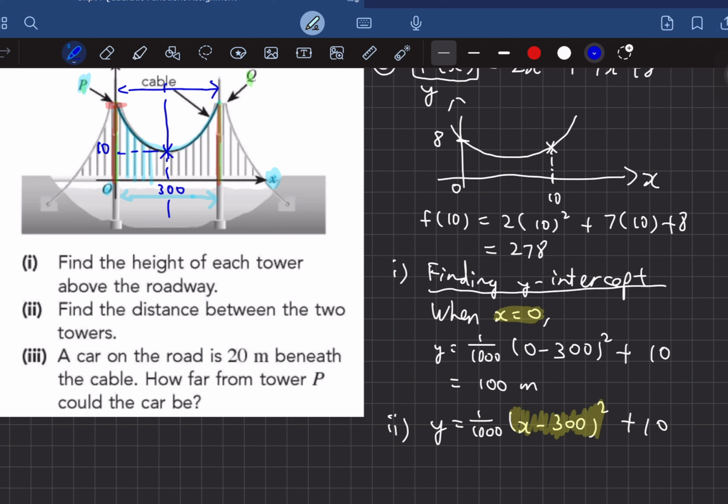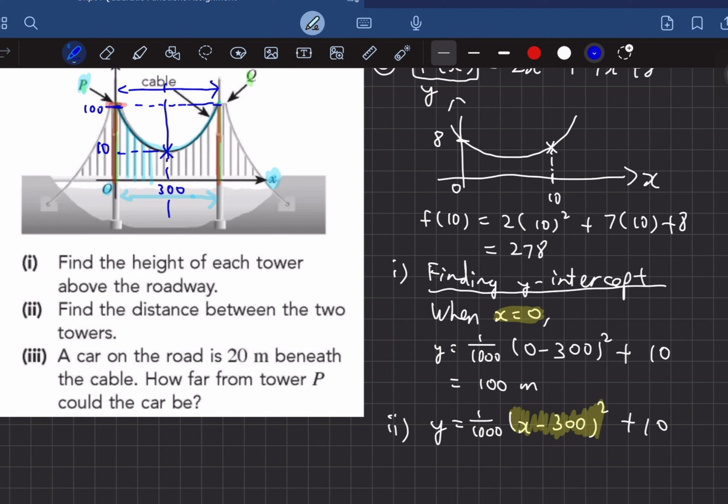The other way is that since we know the height of each tower is 100, this point is 100, and here also 100, because the towers are of the same height.